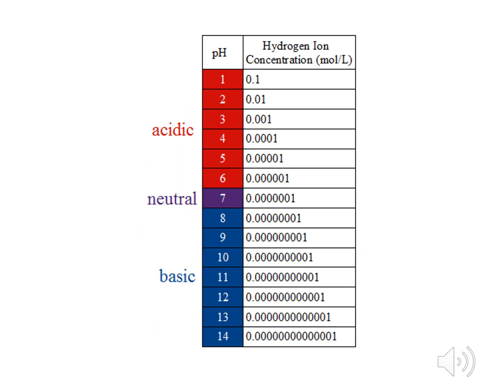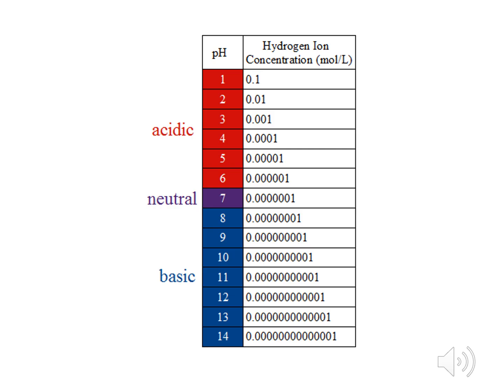Okay, so you remember from chemistry, right, that pH is determined by the relative hydrogen ion concentration. Because remember, in terms of acid-base, when we talk about hydrogen, what are we talking about? We're talking about acid, okay? So the higher the hydrogen ion concentration, the more acid a solution is, and the lower the pH, okay? So remember that. The more acid a solution is, the smaller the number is, right?